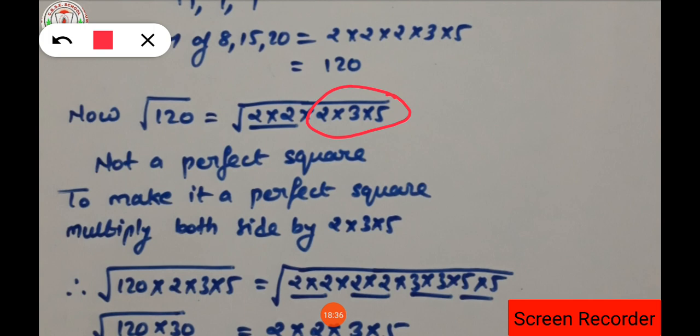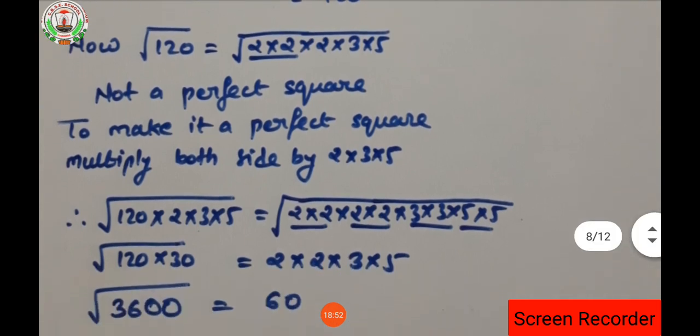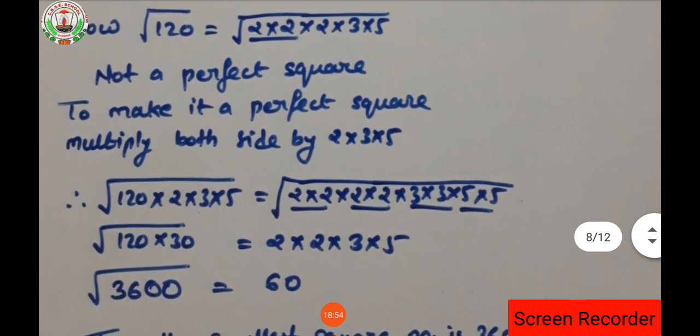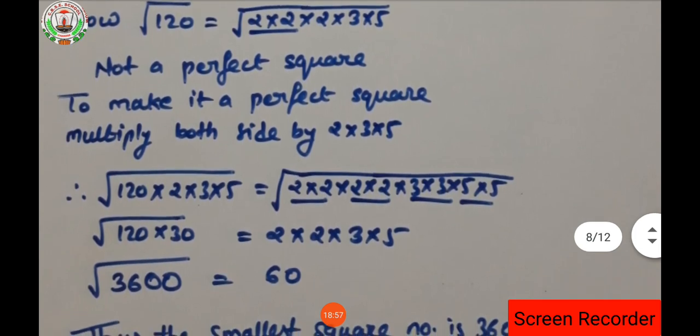Since 2 into 3 into 5 are unpaired numbers, therefore 120 is not a perfect square. To make it a perfect square, what we have to do? We have to multiply both sides by the unpaired numbers 2 into 3 into 5.